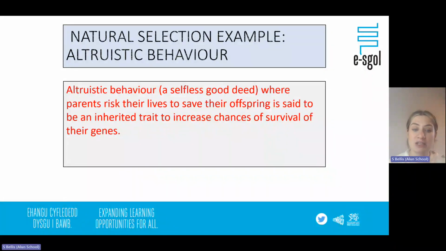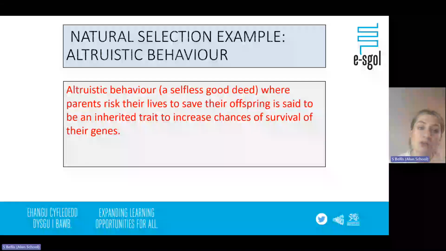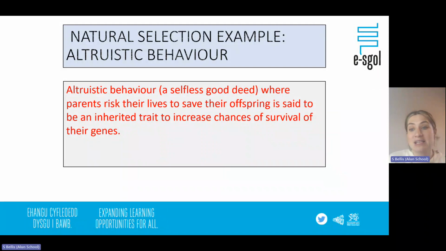And then your example for natural selection is something called altruism. Now, altruism is a psychological term, but it's something that is quite commonly known. People use the word quite a lot. You may have heard it already. Altruistic behaviour is essentially a selfless good deed.